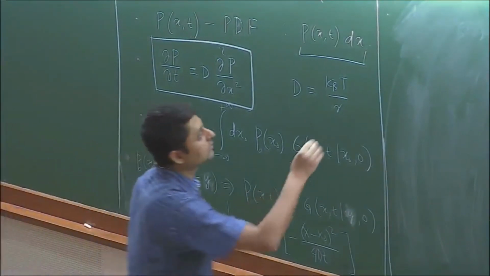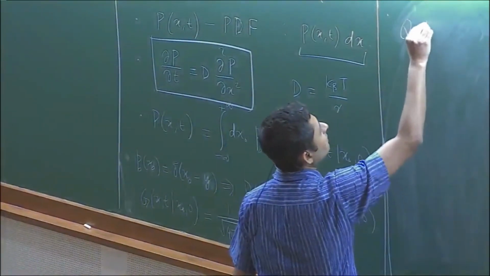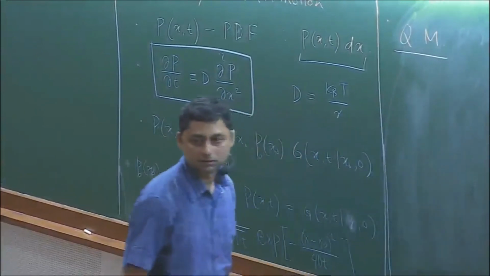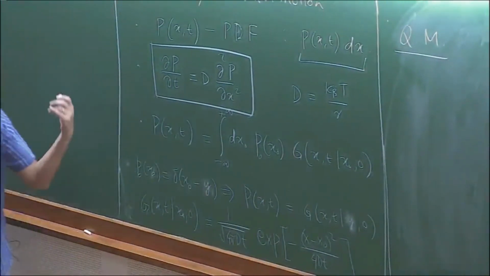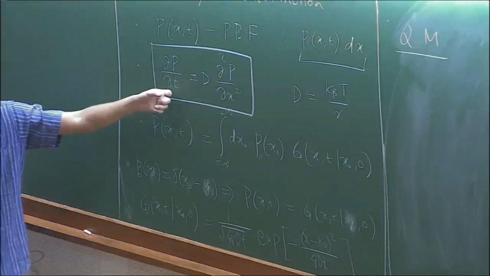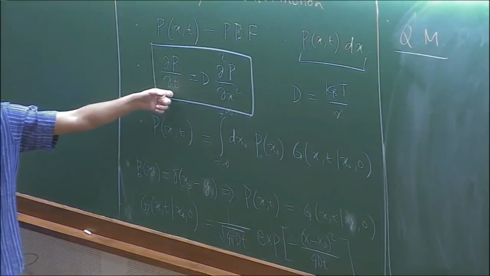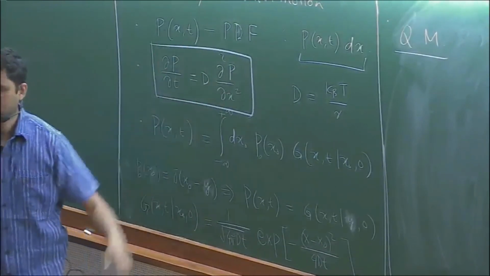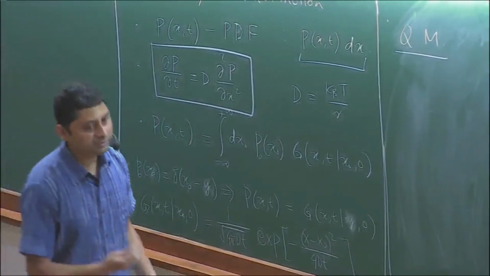So that's in quantum mechanics. In quantum mechanics also you have a linear equation, which is linear in time, and you have something like that. So that's the Schrodinger equation.